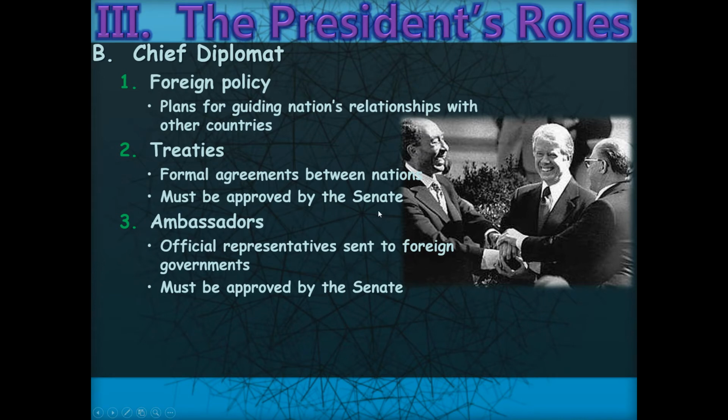Ambassadors, those are official representatives that are going to be sent to the foreign governments. The president gets to appoint ambassadors, and then they have to be approved by the Senate. It's very rare that there's much of a controversy over who the ambassadors are going to be. It's usually people that have good working relationships with those other countries.